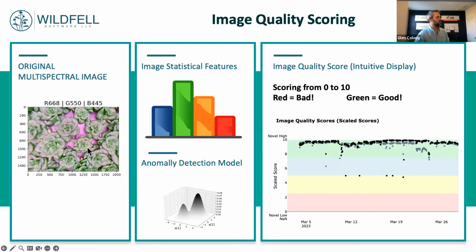So the image comes in, you calculate the statistical features, and you compare it to an anomaly model. If the image is far away from where there's high density, then that's evidence of an anomaly. And then of course, we'll just use the traffic light approach: green is good, red is bad, yellow is sort of something in the middle.